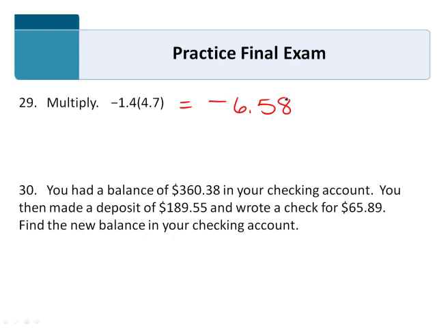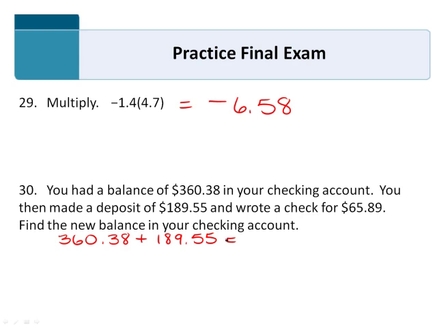All right. Number 30. You had a balance of $360.38 in your checking account. You then made a deposit of $189.55 and wrote a check for $65.89. Find the new balance in your checking account. So we're going to start with the $360.38. Now, if we make a deposit, that's money added into our checking. So we add that.